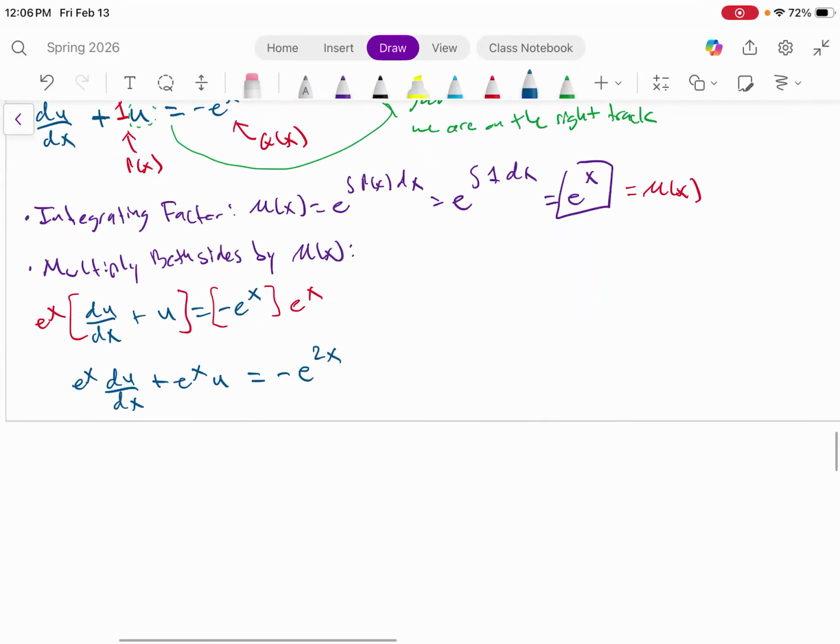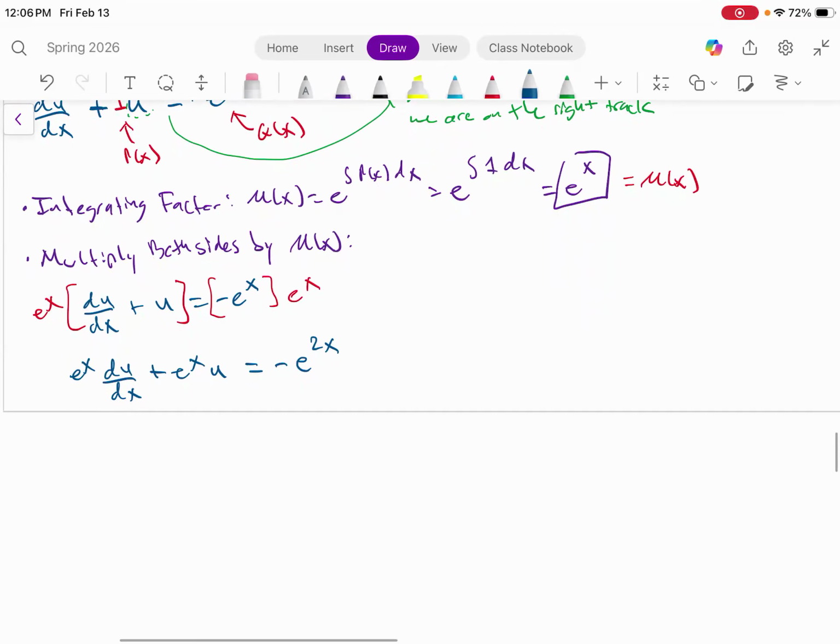So remember with linear equations, we want to have a derivative of a product. Okay, so e to the x would be f, du would be g prime, e to the x is f prime, u is just g.